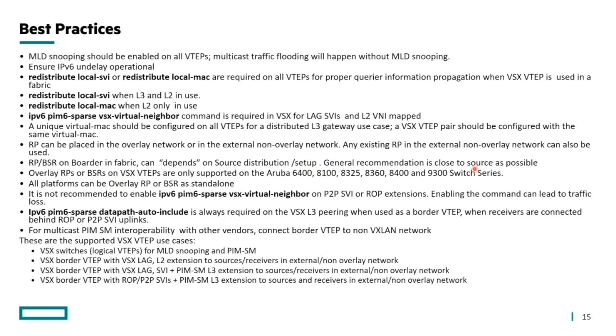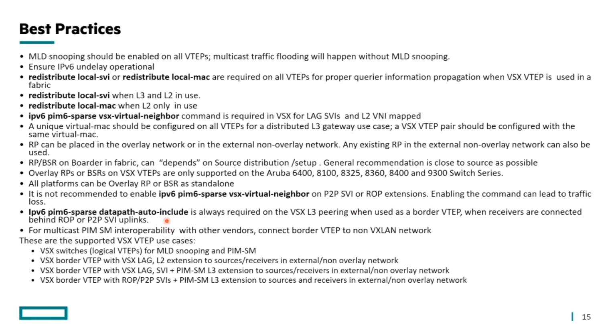So this is only applicable when you're using a VSX environment. Now, we came across this IPv6 PIM6 sparse VSX virtual neighbor. Don't put it on the point-to-point SVIs between your border VTEP and your extended nodes. Otherwise you can get data loss.